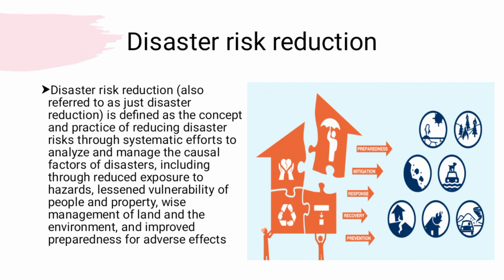Disaster risk reduction, also referred to as disaster reduction, is defined as the concept and practice of reducing disaster risk through systematic efforts to analyze and manage the causal factors of disasters, including through reduced exposure to hazards, lessened vulnerability of people and property, wise management of land and environment, and improved preparedness for adverse events.